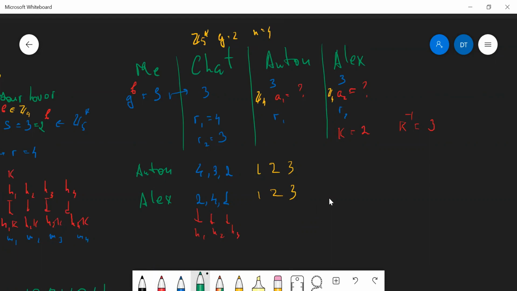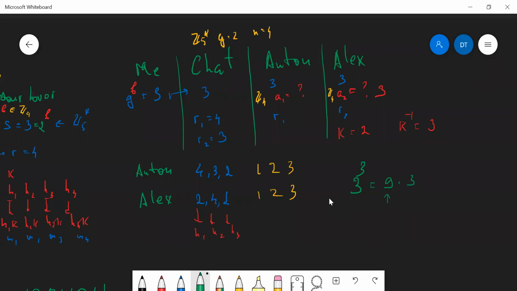Yeah. So let me suggest a better computation. Let me clarify. So your secret number was 3. Yep. And now you want to compute 3 to the power of 3 modulo 5. How would you do that? So first, I would say that this is 9 times 3. So I just raise to the power of 2, and then leave one 3 here. But now, before multiplying next, I simplify 9.